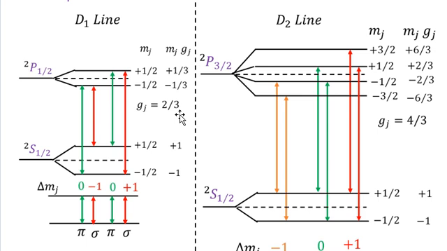So the value of Gj for the two cases is different. That's why the splitting between them is different. For example, the splitting between these two levels in terms of Mj and Gj values is equal to 2, whereas the value for this one is 2/3.